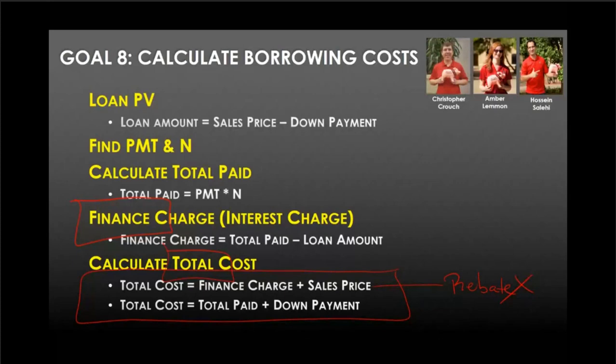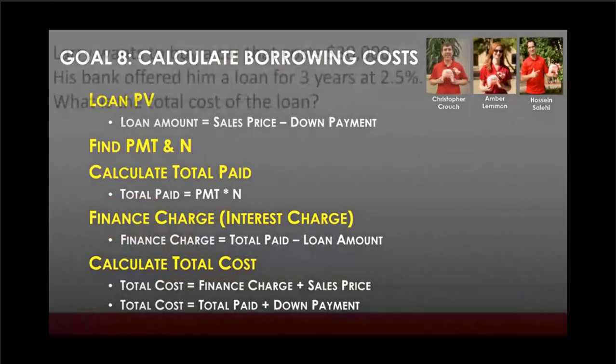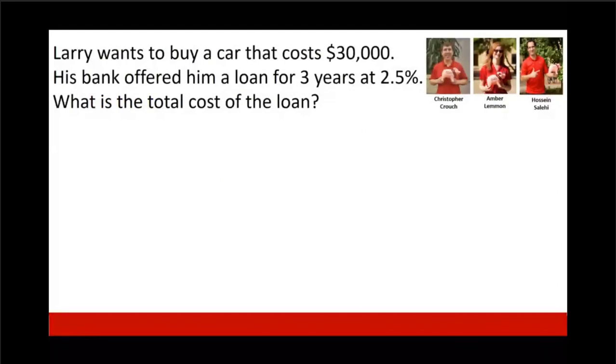So if you have a rebate involved, make sure to use the second one, because then you won't accidentally add back the rebate. If you have questions about that, make sure to visit your discussion board, ask questions about it if it hasn't been addressed already. I know I talked about it in my phone. Okay.